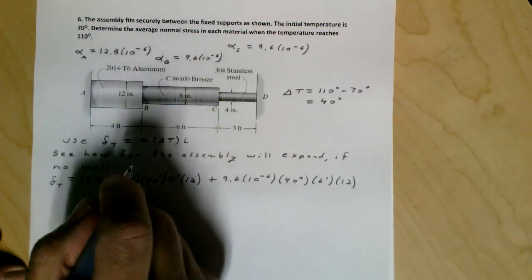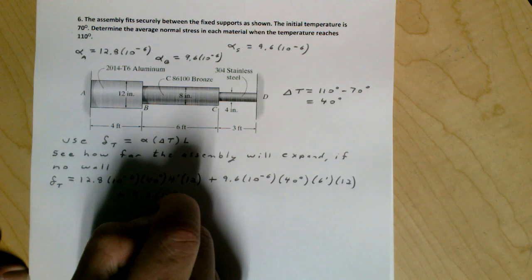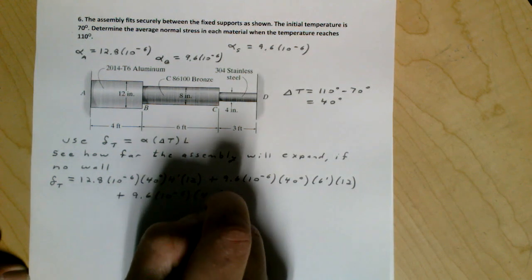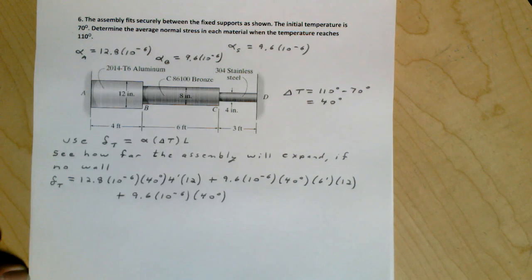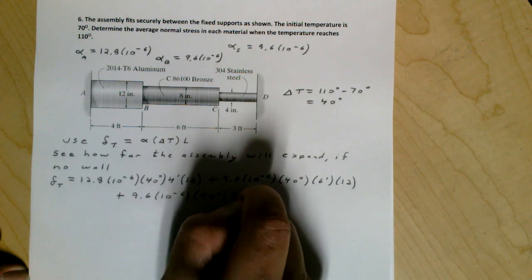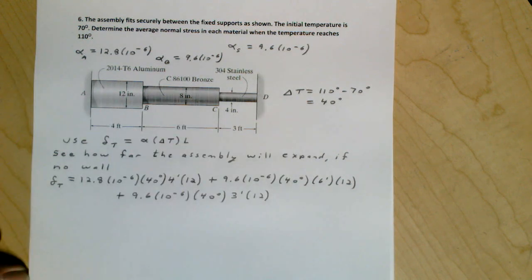Then for the stainless steel, coefficient 9.6 times 10 to the minus 6. Delta T is 40 degrees. And the length of that part is 3 feet, and convert that to inches.